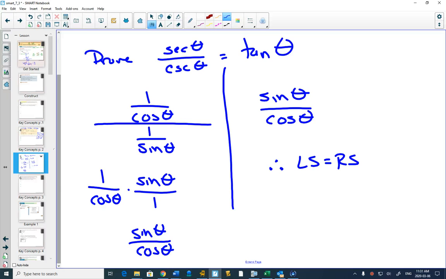Then we add some fancy Latin: QED. Lots of math proofs end with QED. QED is short for Latin. Anybody know? Yeah, no. I'm going to butcher the Latin, but here we go. Quod erat demonstratum, maybe, somewhat.